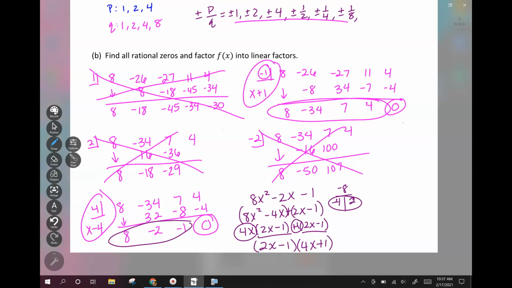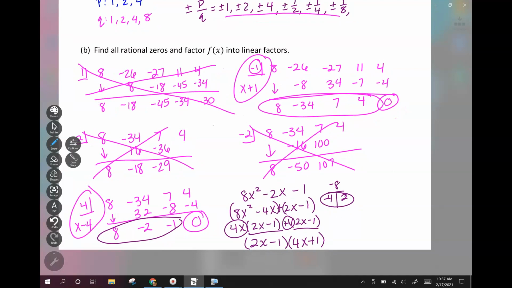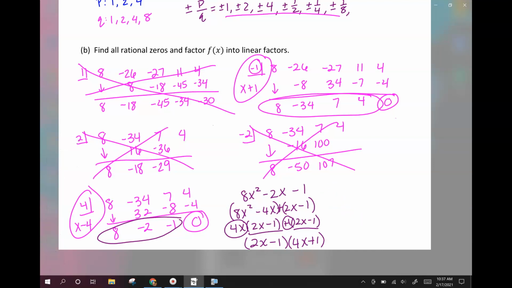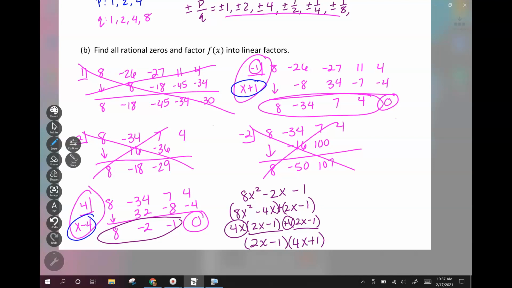I'm a little bit out of space here, as you can tell, but we'll make it work. All right, so I was supposed to find all of the rational zeros and factor it into its linear factors. I'm going to start by writing out the factors of f of x. So taking all of the factors that we have found, so x plus 1, x minus 4, and then these two that we got here by factoring.